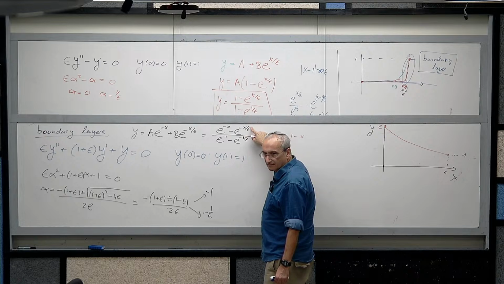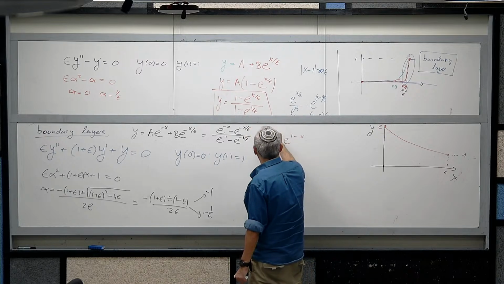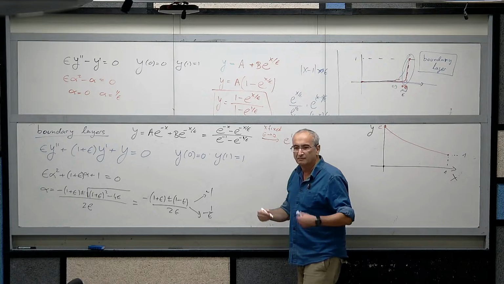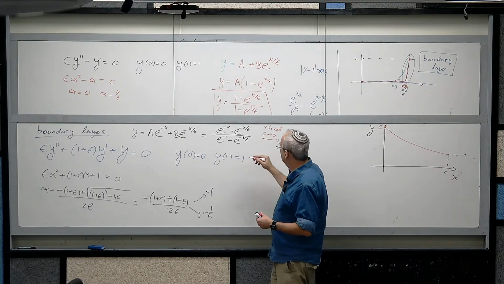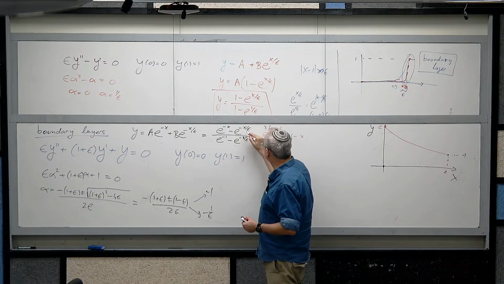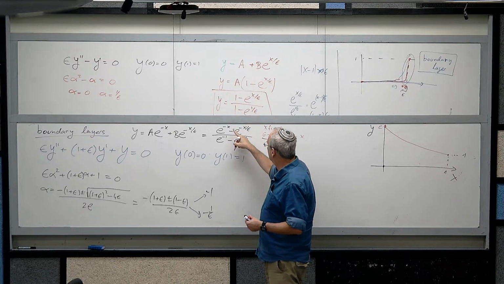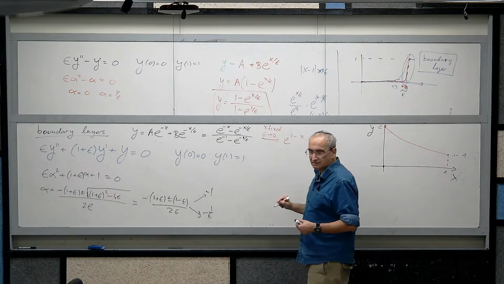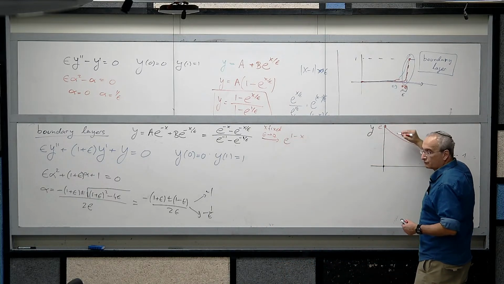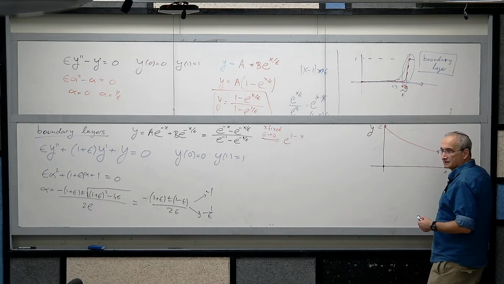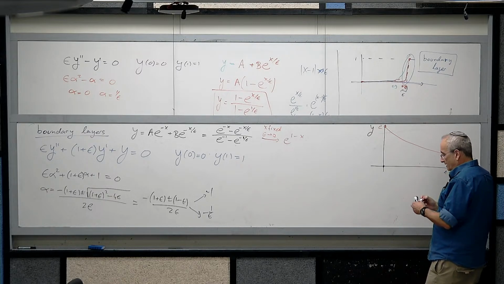Maybe I should write it as: x is kept fixed and epsilon goes to 0. It's the same condition, but now it's more transparent. So this term and this term will go away, and I will have e to the 1 minus x. E to the 1 minus x looks like that. It starts at e, and when x equals 1, it is 1. But it also doesn't.